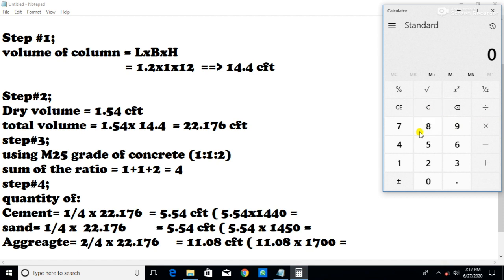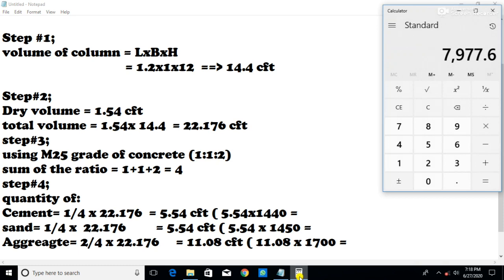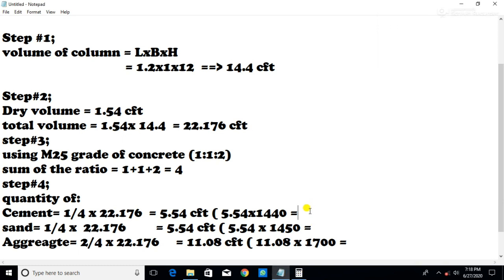First we will clear that. 5.54 multiplied by 1440, its answer is 7,977 or 7,978. So its answer is 7,978 kg.